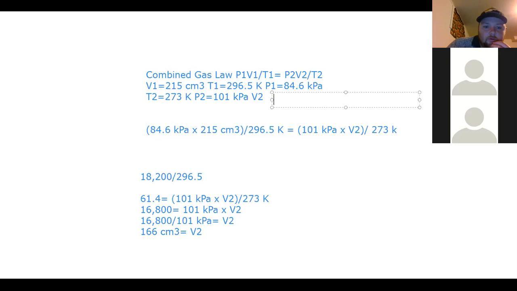Hint, the number of moles of a substance is its mass divided by its molecular mass, and density is mass divided by volume. Okay.